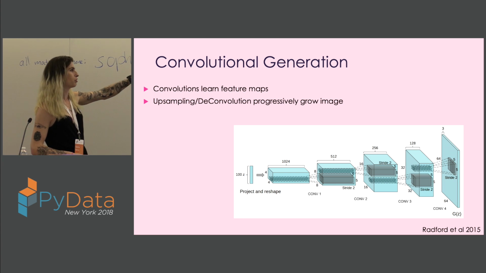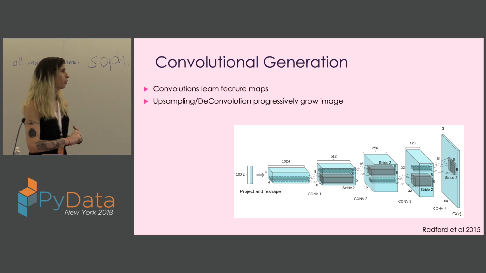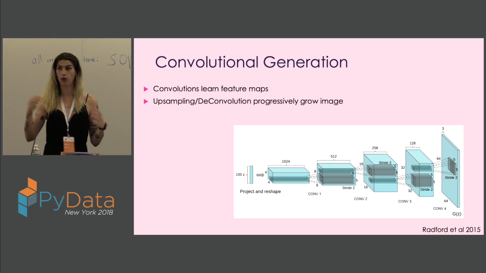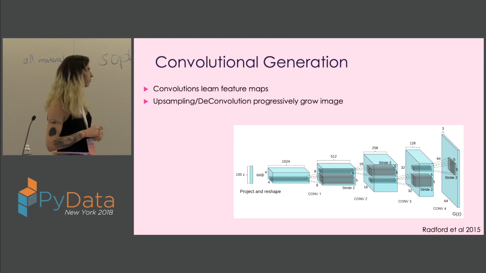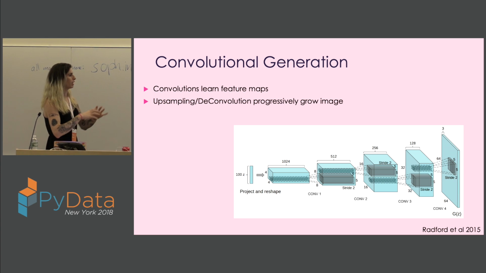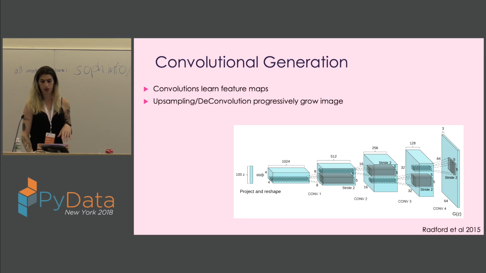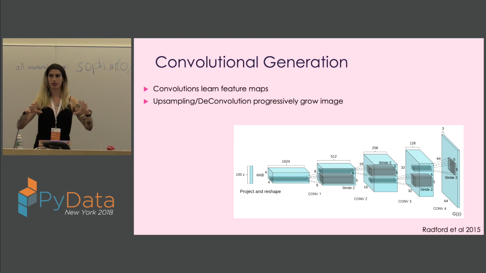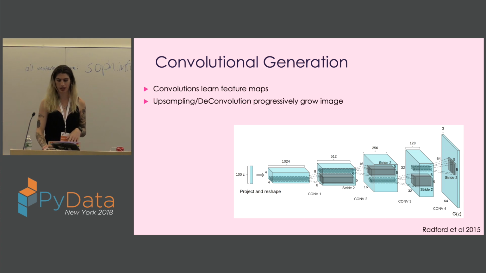Here we've got a 100-length vector, and we're going to reshape that and then run a convolution on it over and over again. If we upsample between convolution runs, we get a progressively larger image that we're forcing to learn how to generate a plausible replica of the training data.